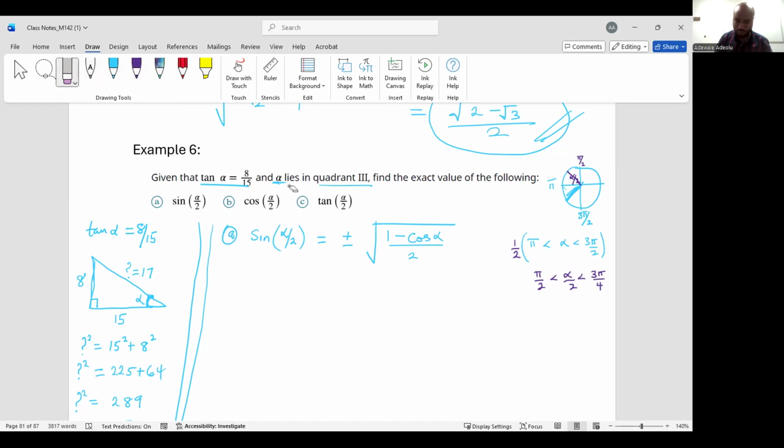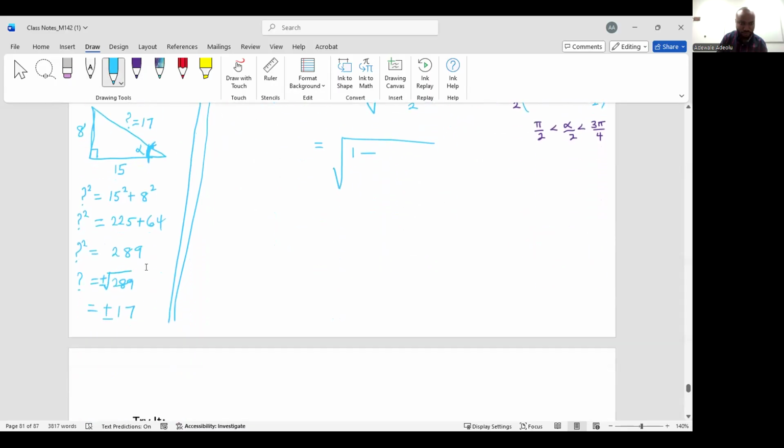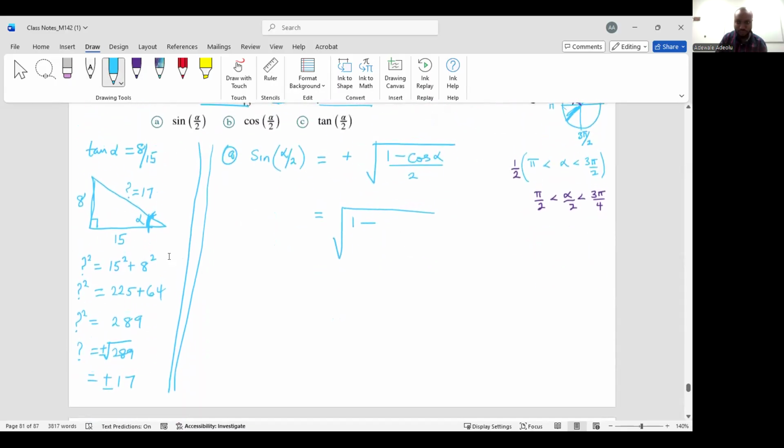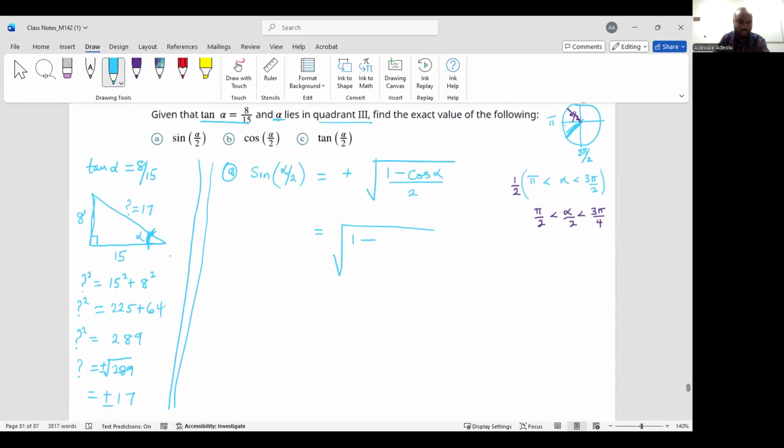So our answer should be positive. Sine of alpha over 2 equals the square root of (1 minus cosine of alpha) over 2. We need to be careful. What is the sign of cosine of alpha? This is where we have alpha, so cosine of that is adjacent over hypotenuse.